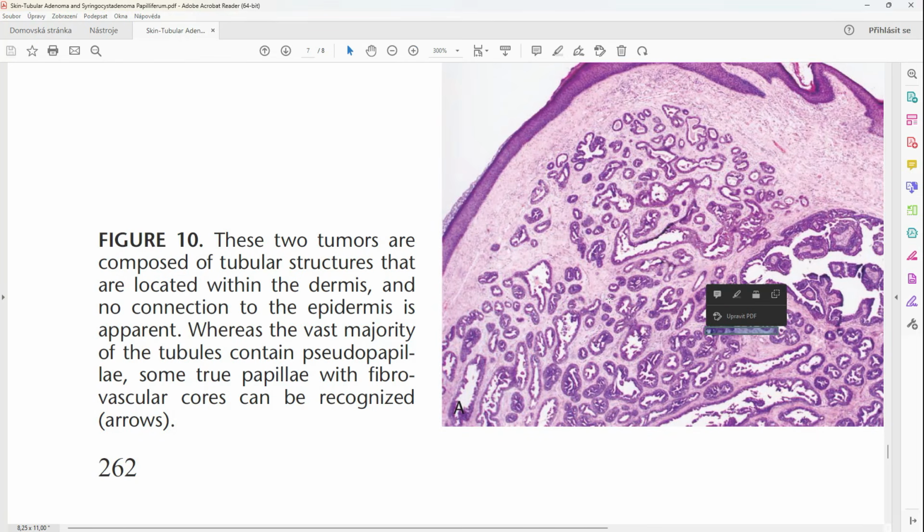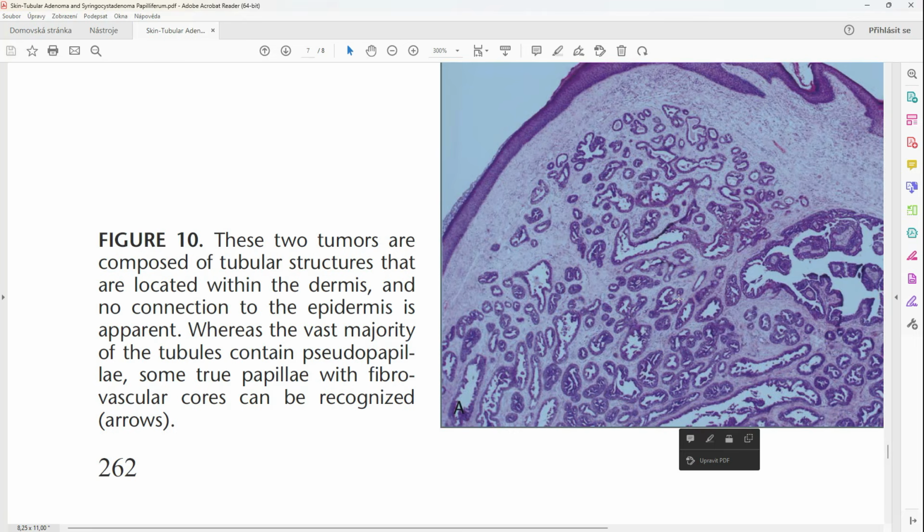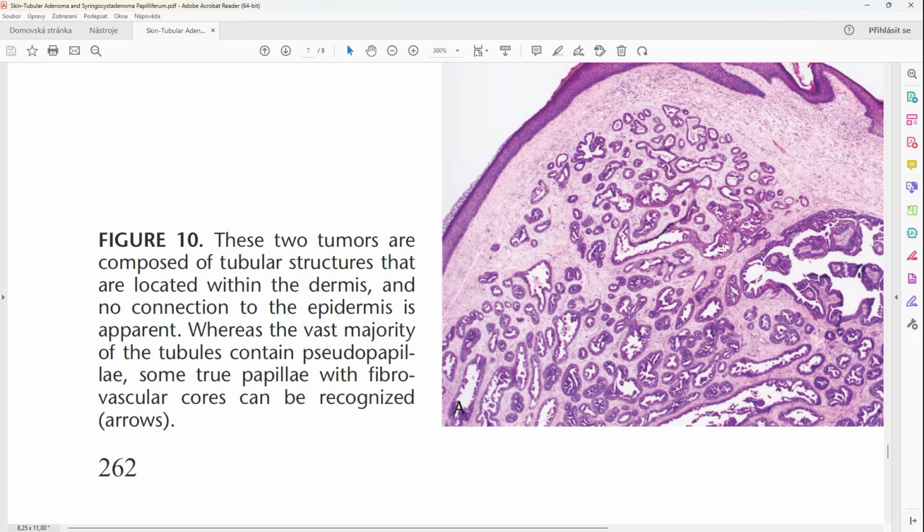When you stain it with Sox10 or S100 protein, you see an intact peripheral layer, by which you see that it's not an invasive lesion, but this intraductal growth is sometimes very prominent. You should not call this malignancy. And these lesions are quite frequent. Every pathologist will definitely find them.